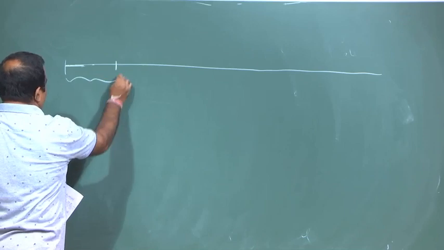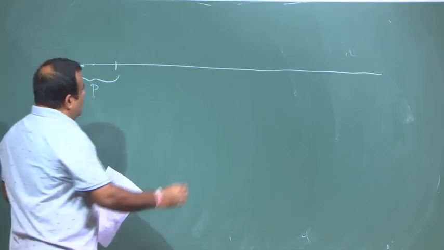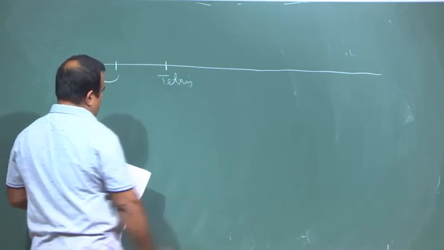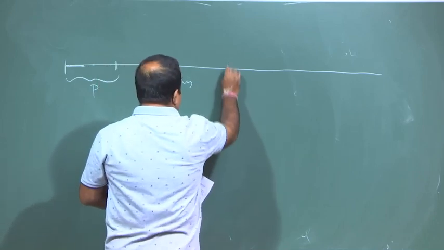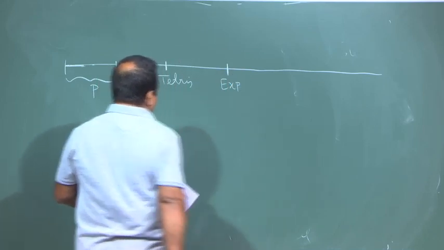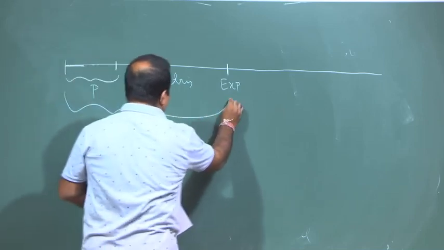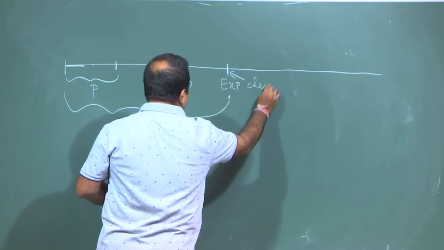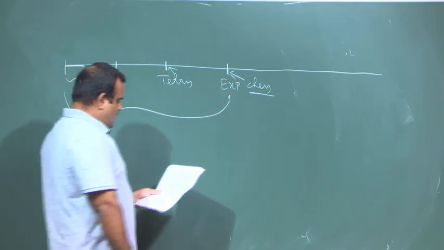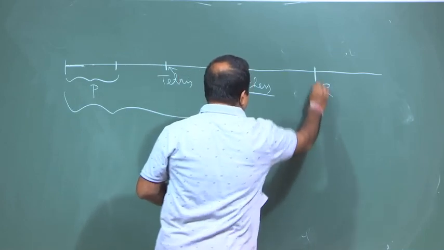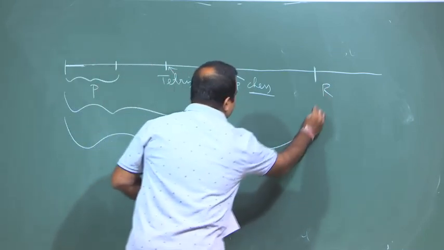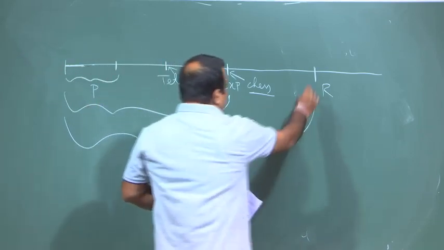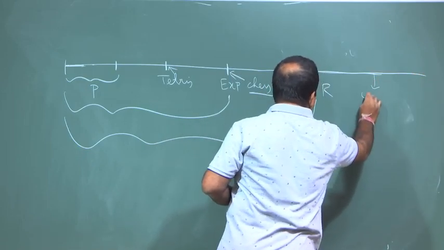Here we have all easy problems, and here we have Tetris, and here we have exponential problems. One such problem is the n by n chessboard, and here we have R, which is the set of all problems which can be solved in a finite amount of time. And after R, all these problems are uncomputable.